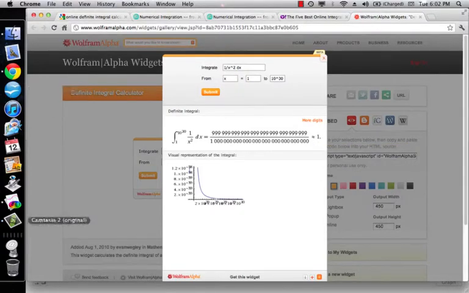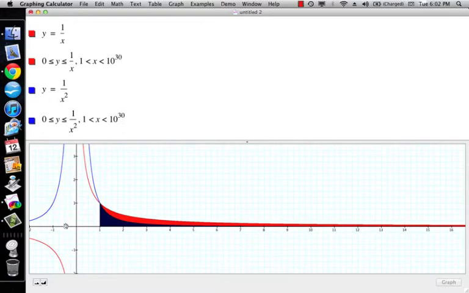So to say what I was talking about with improper integrals again: the integral of 1 over x from 1 to infinity, that red area is infinitely large. For 1 over x squared, that blue area is equal to 1.